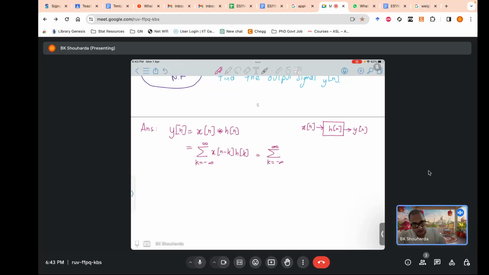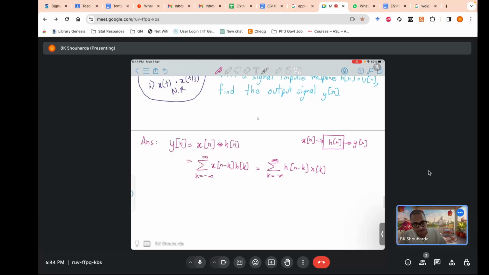Whether to choose h of n minus k or x of n minus k depends on how the individual functions look and which one will be easier to calculate mathematically. In this case, x of n is 2 to the power n u of n and h of n is u of n. So which is easier, x of n minus k or x of k? It's obvious x of k is much simpler, so I would rather go with that.